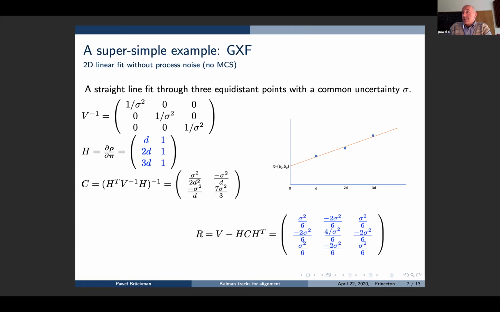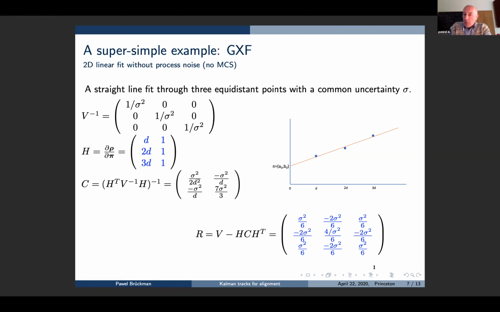Now the C, so the weight matrix for the covariance matrix for the track, is given for this particular example by this 2x2 matrix, and the R, so the full covariance of residuals, there are three residuals, so it's a 3x3 matrix, is given here on the bottom.